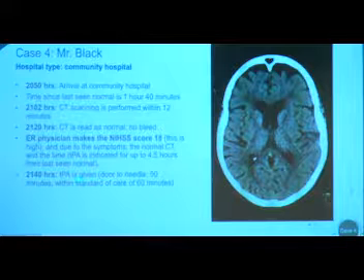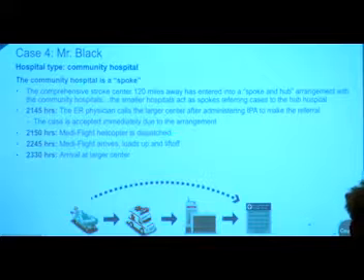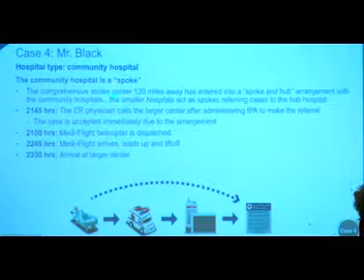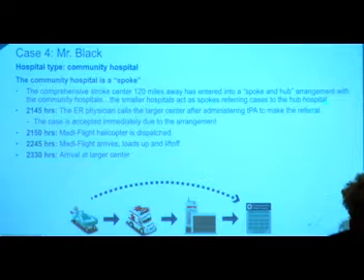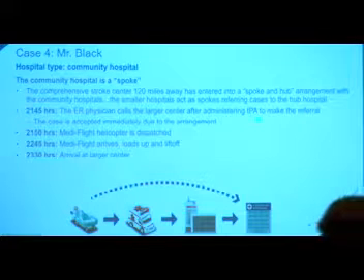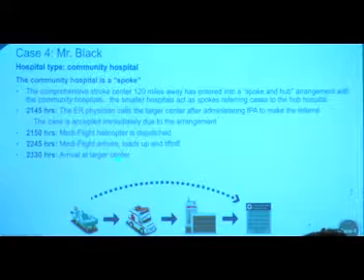And then TPA is given, patient was within the window, and this community hospital is a spoke to a larger hub. So the comprehensive center was 120 miles away; the smaller hospital refers to the hub hospital, calls the larger center while administering TPA, makes the referral, case accepted, med-flight arrives at the larger center.